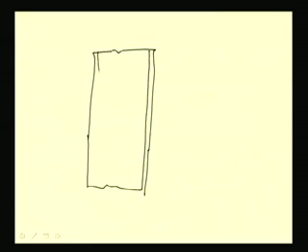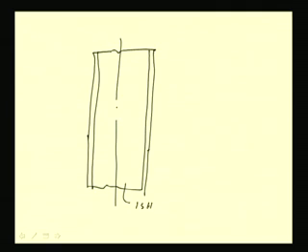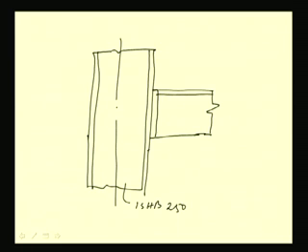So this is the column, this is column flange, ISHB 250, and this is the gap, this is ISMB 300, and this is 10 mm gap.